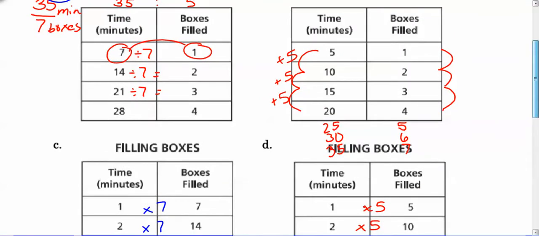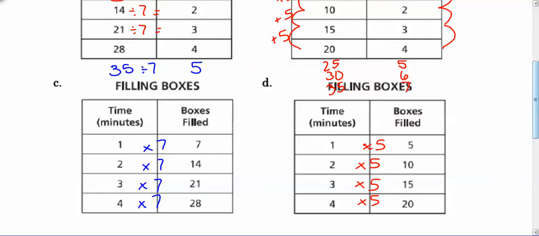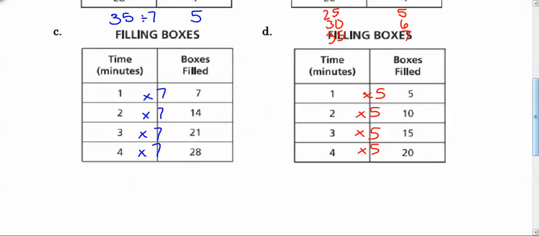So if we took 35 here, right, 35 minutes, and we divided that by 7, we would get 5 boxes filled, which is what the problem stated, where if we were to go this way, I think this was really the trap answer here, because if you take 5 times 7, oh yeah, you get 35.